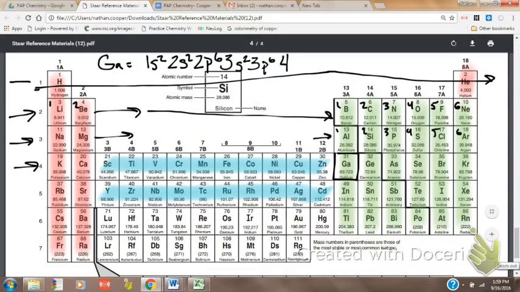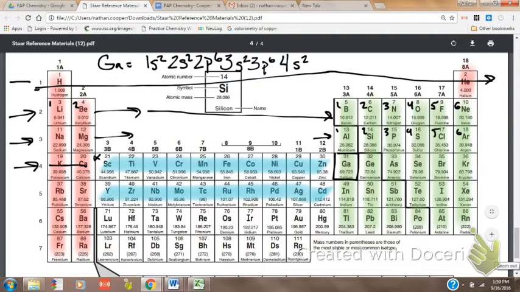So I write my principal energy level. I'm in the s block. I will go through potassium and calcium, so my s block is full. Now, starting with scandium, I have transition metals, and they're in between the s block and the p block, so I must start filling my electrons in the d block. The thing to remember is a d orbital is lower in energy than the p orbital in this case.